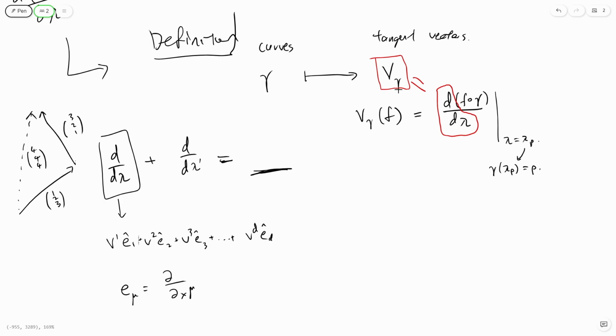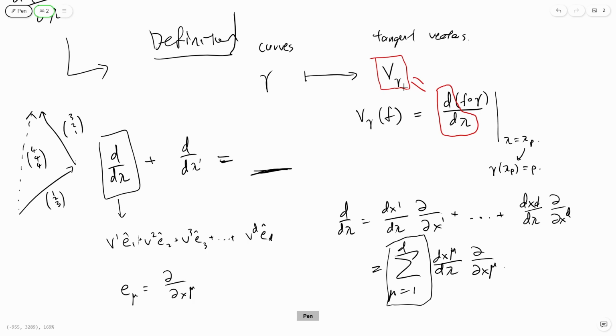And this expansion is actually the chain rule: d/dλ equals dx1/dλ times the partial derivative with respect to x1, plus so on, or written in summation notation. We often drop this summation and adopt the Einstein summation convention, but I'll not talk about that in this video.